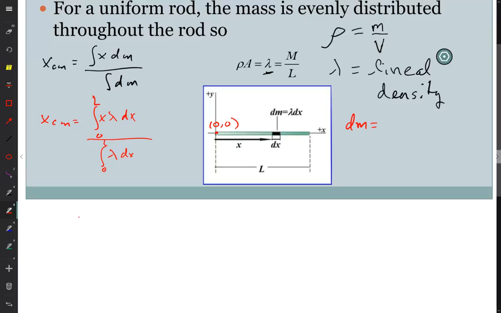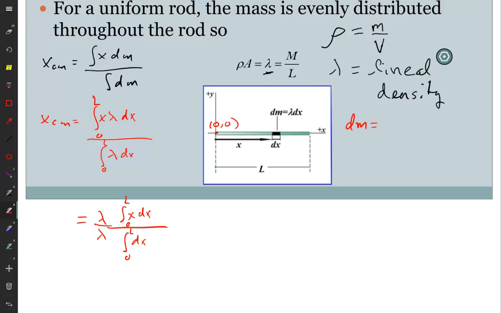So if we do these integrals, I can factor out the lambdas on top and bottom. Now I've had some people who have tried to combine those into one integral. That's not the way integrals work. You can't combine those integrals. They're just going to be 2 distinct integrals.